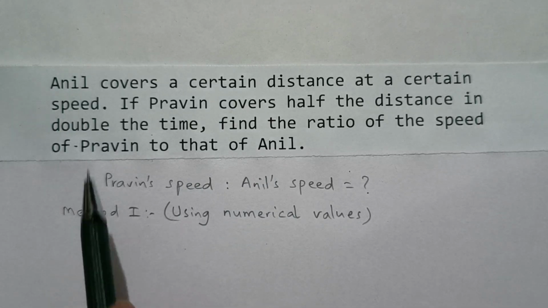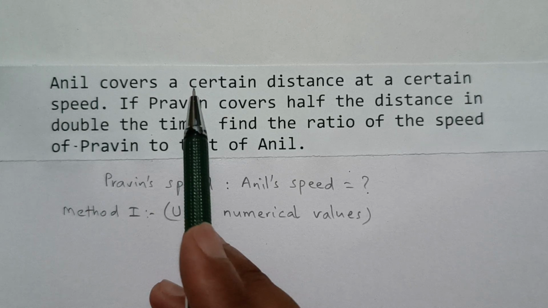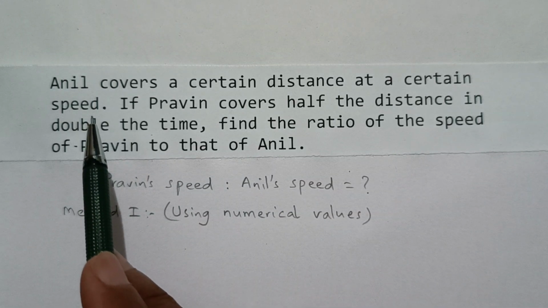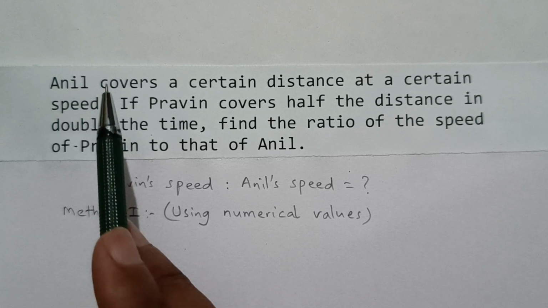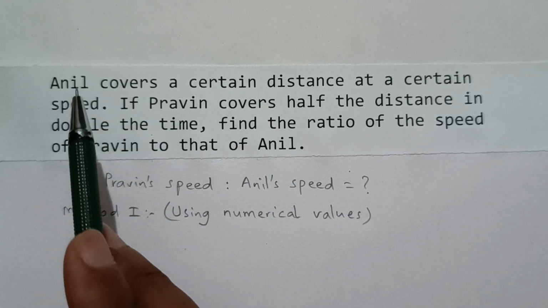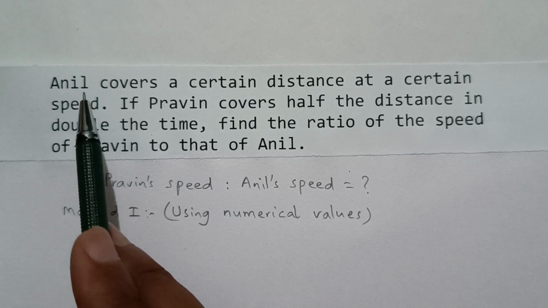So the first sentence says Anil covers a certain distance at a certain speed. So we can see that in this statement, the actual distance covered by Anil in numerical terms is not given.